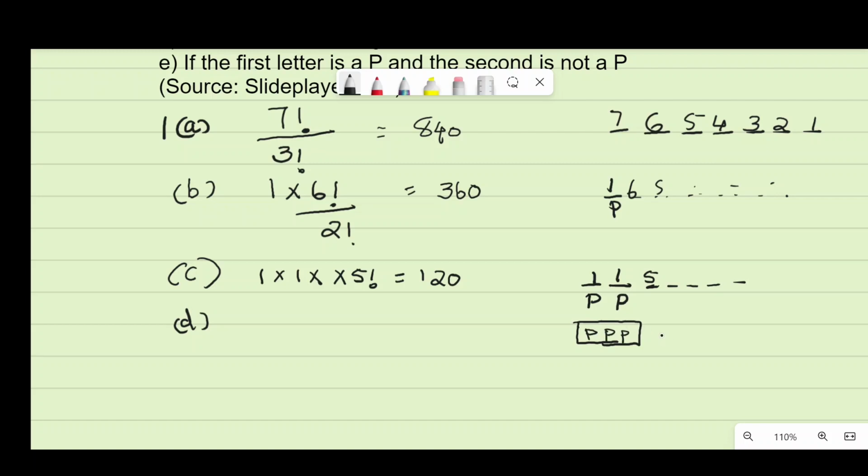How many letters remain if you took all the P's in one pack? You are still left with 4 letters. The pack is counted as 1, then the remaining 4 letters, 1, 2, 3, 4, 5, so altogether there are 5 items that can be arranged in 5 factorial ways.